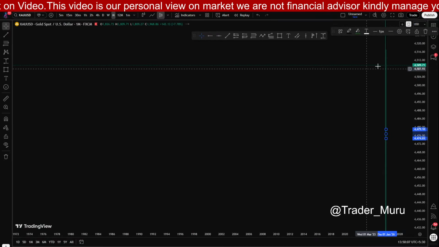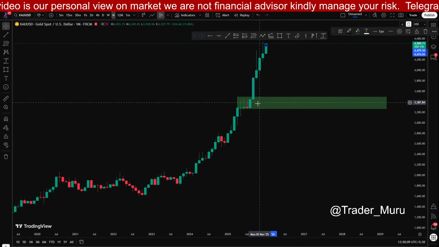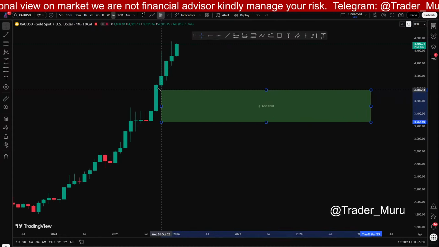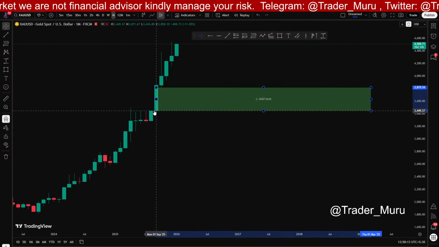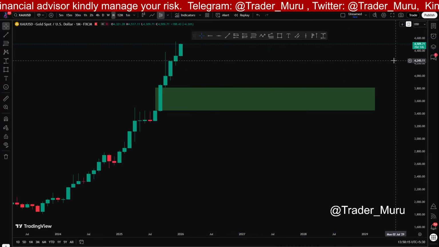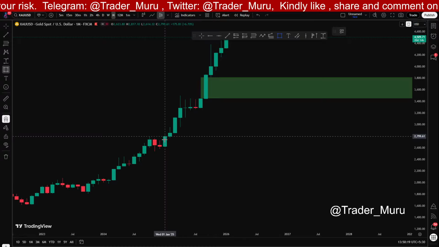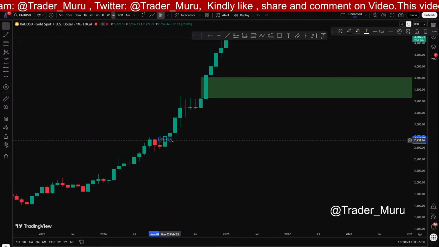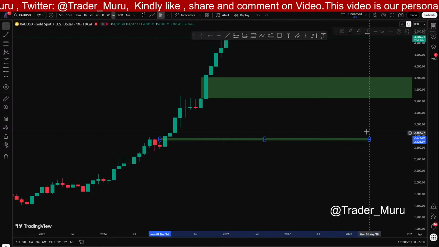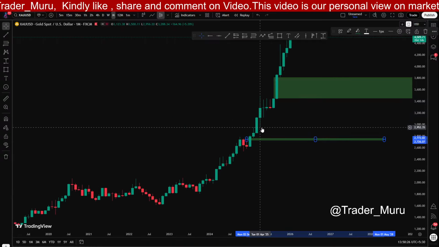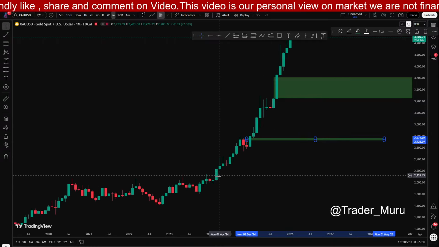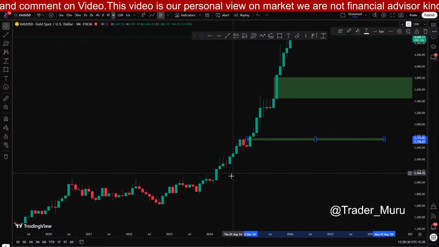If market is having a monthly time frame FVG, see this one, this is pending, then this is still pending, all these FVGs are still pending, see.